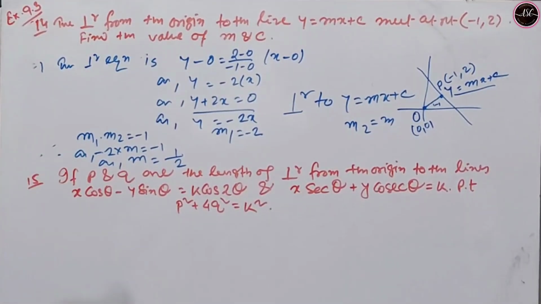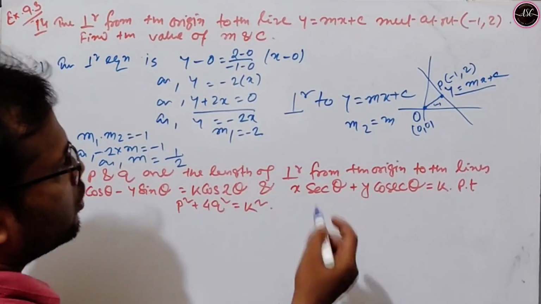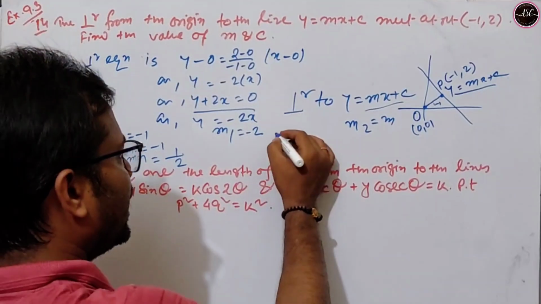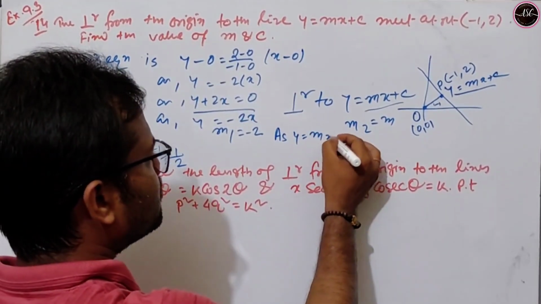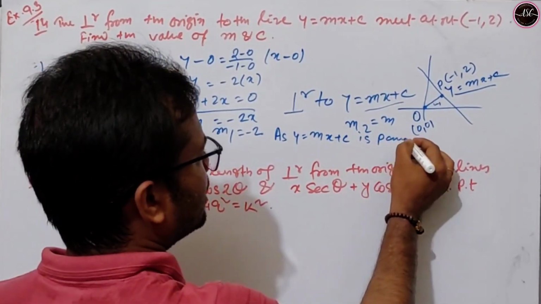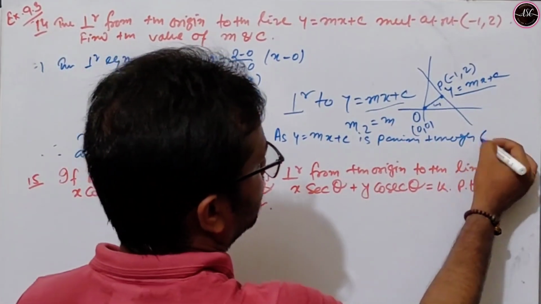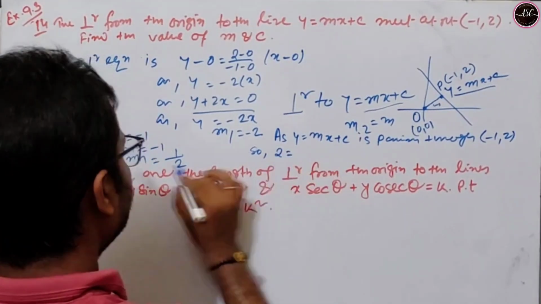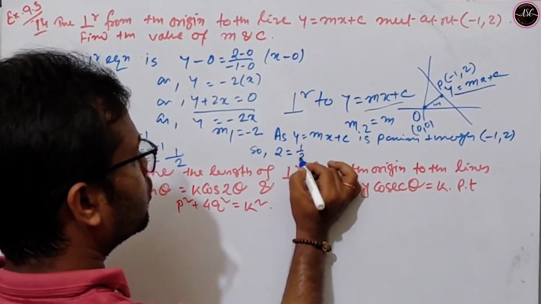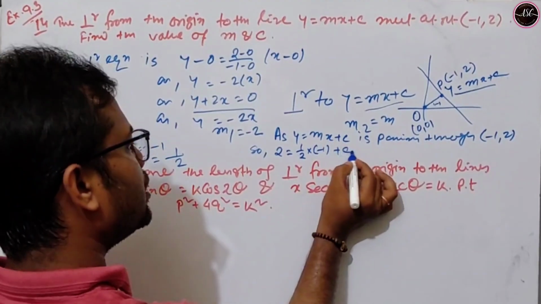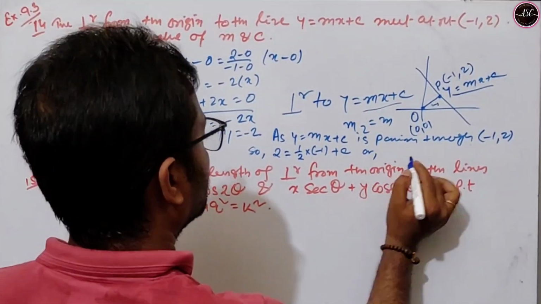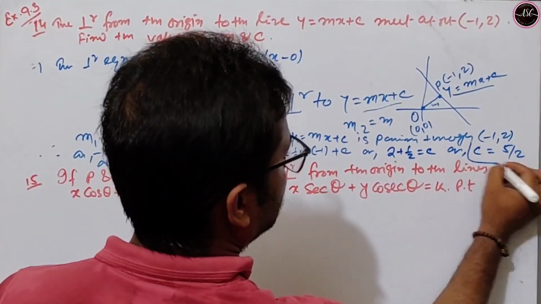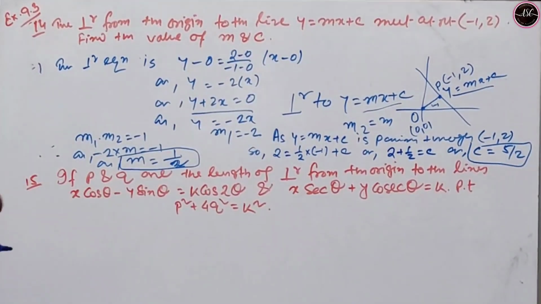Now for c, as y is equal to mx plus c passes through minus 1 comma 2, so y equal to 2, m equal to 1 by 2, x equal to minus 1, so 2 equal to 1 by 2 into minus 1 plus c. So from here 2 plus half equal to c, or c equal to 5 by 2. Okay, c equal to 5 by 2 and m equal to 1 by 2 will be your answer.